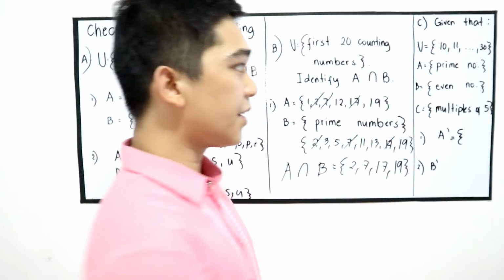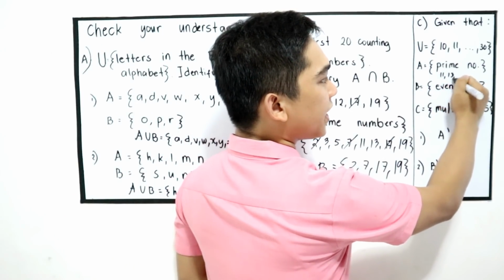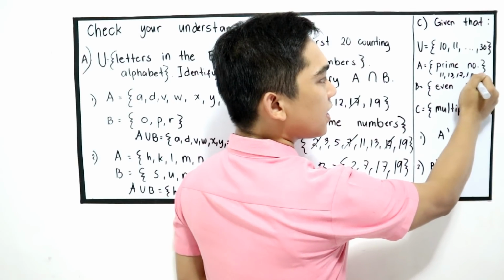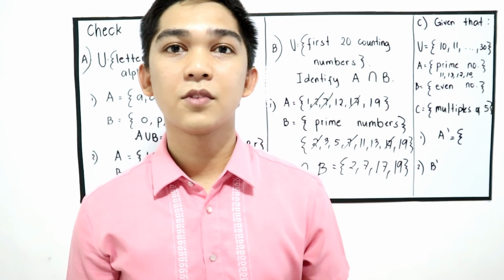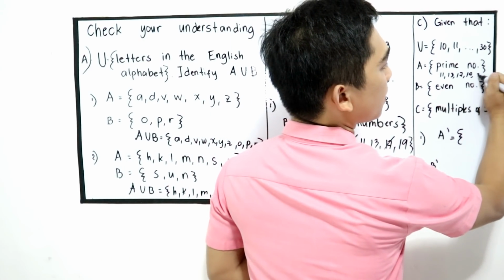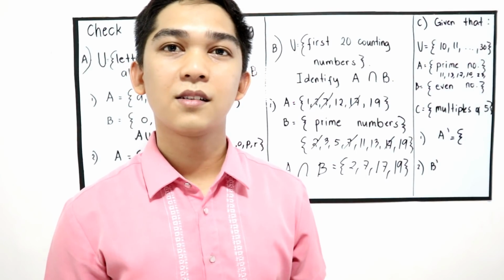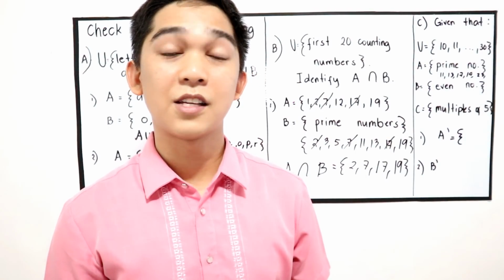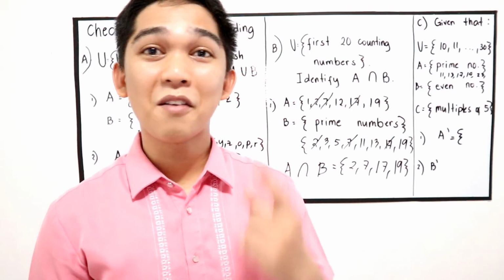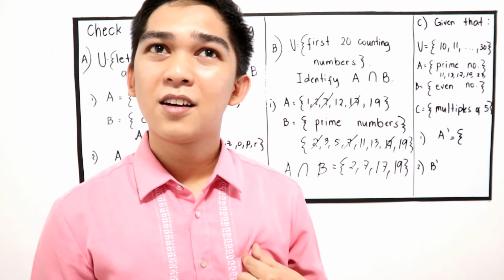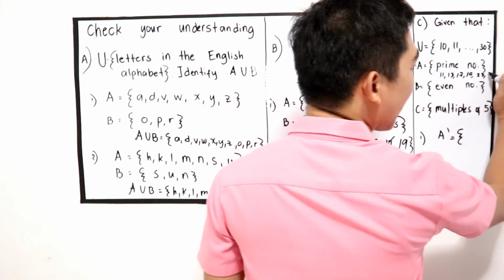Those are 11, 13, 17, 19. After 19, we have 23. Next is 27. Is it a prime number? No, because we have a factor, 9 times 3. How about 29? Yes, our last number is 29.